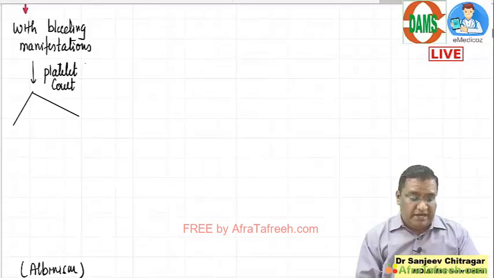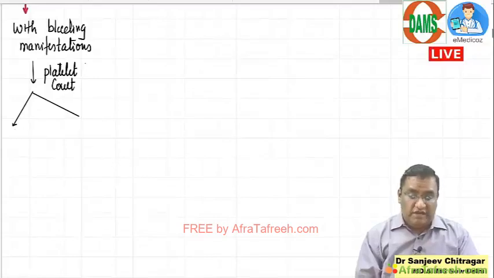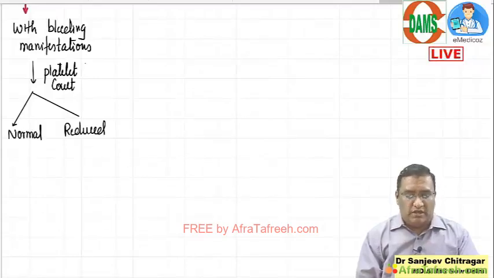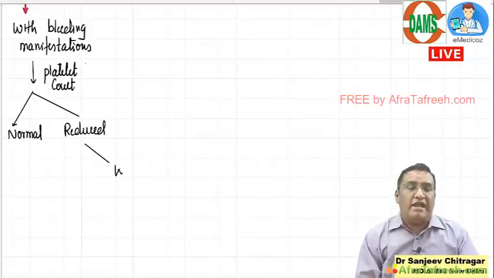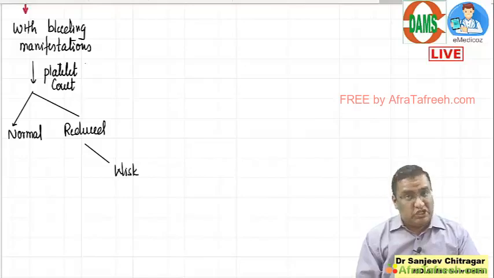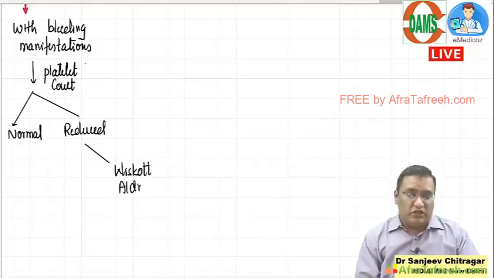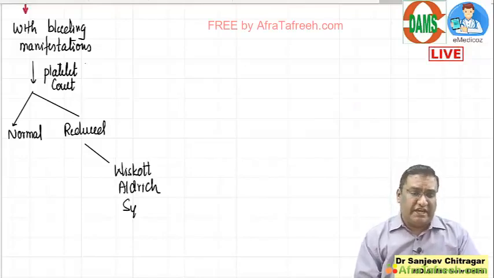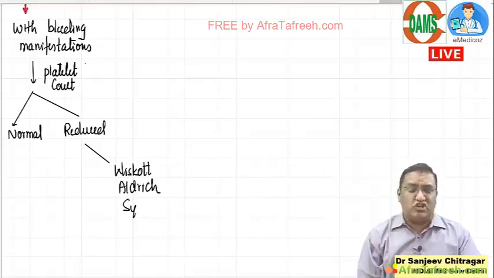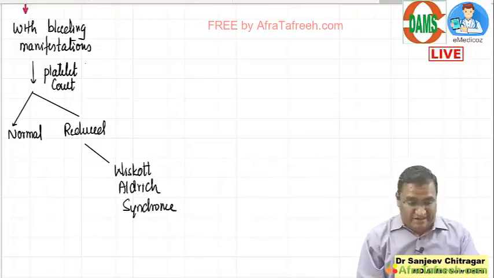It would be given if it is reduced or normal. If it is reduced platelet count, I only have one diagnosis, Wiskott-Aldrich syndrome. If you remember, Wiskott-Aldrich syndrome will present with a triad of eczema, recurrent infection, and thrombocytopenia, which will have bleeding manifestation, by the way, right?